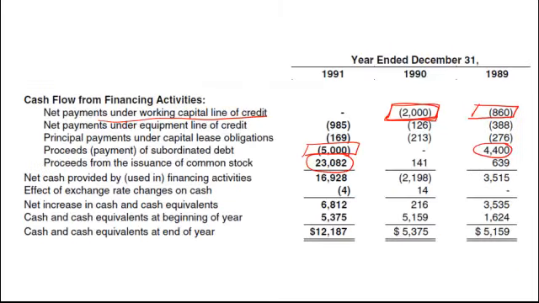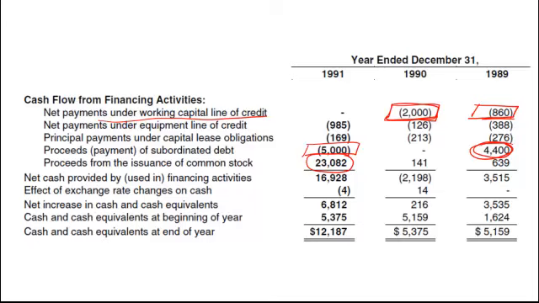Under financing activities, we can see that in 89 we were still borrowing. We borrowed on our subordinated debt. We paid a little bit back on a line of credit, but we mainly borrowed 4.4 billion on the subordinated debt. We paid back a bit of our line of credit for equipment and some capital lease obligations, but those are not major amounts.